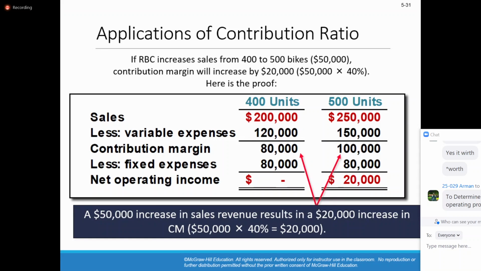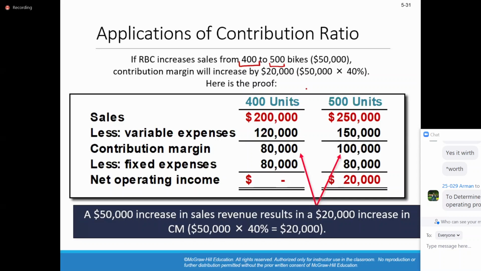Okay. So before looking at how it can be helpful, let's assume some changes from our base case. In our base case we have 400 units of sales. Now in our new case, our sales has increased from 400 units of bikes to 500 units of bikes.